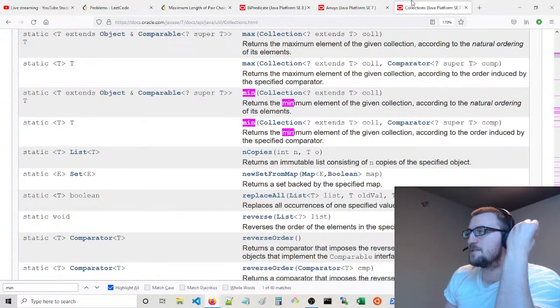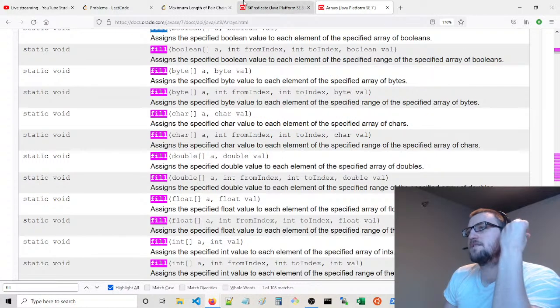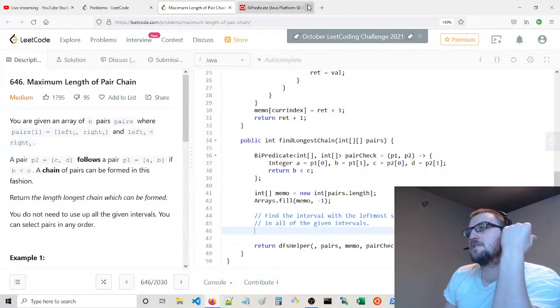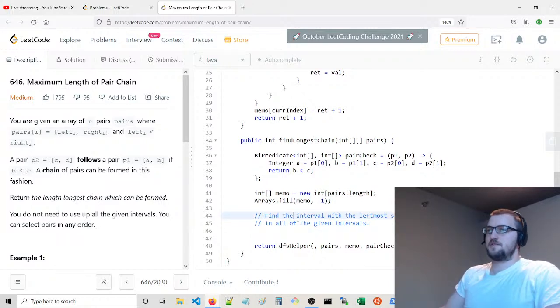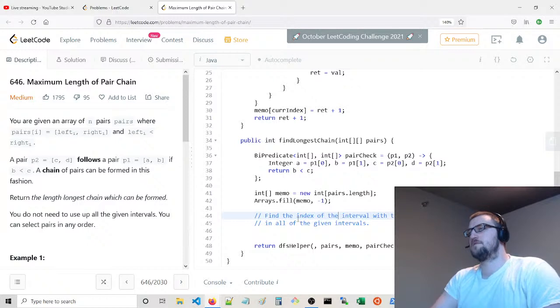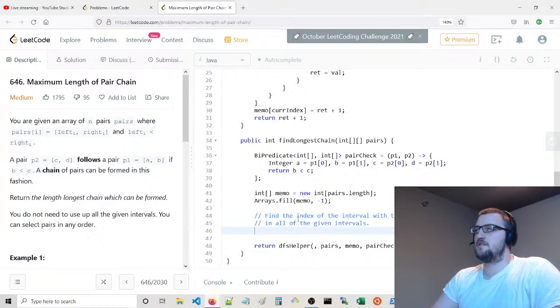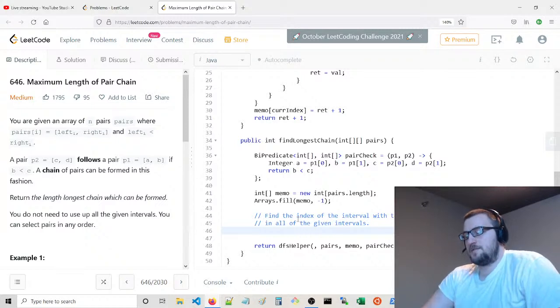So unfortunately, we can't even use the generics here for that. I think it's not going to work. But that's interesting, you can do something like that. The index of the interval with the smallest second value. Okay, so we'll do that.